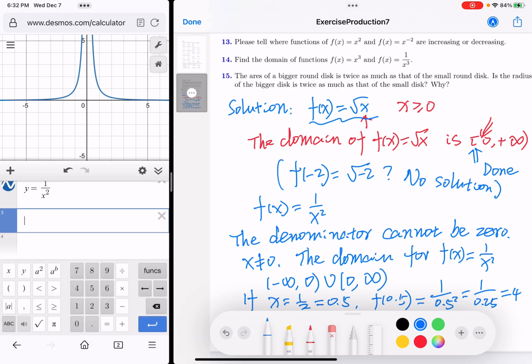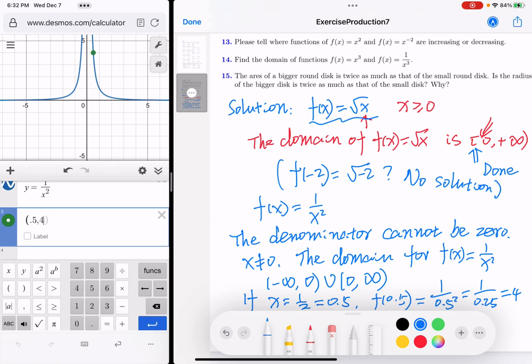So you can see here, x is 0.5, and then you have a 4. So that would be this point. It's on the curve.